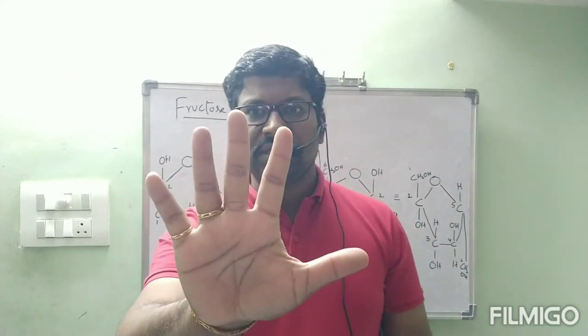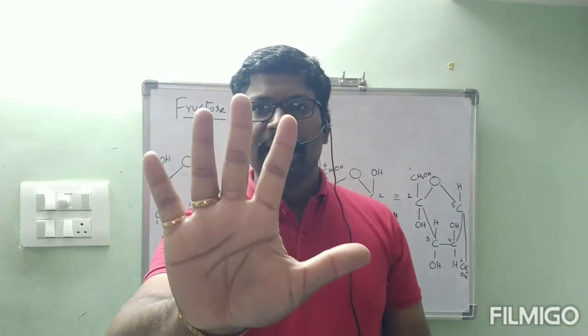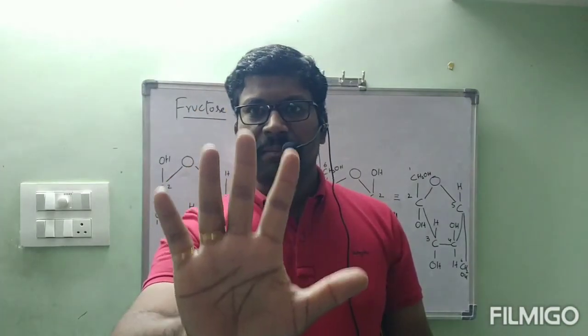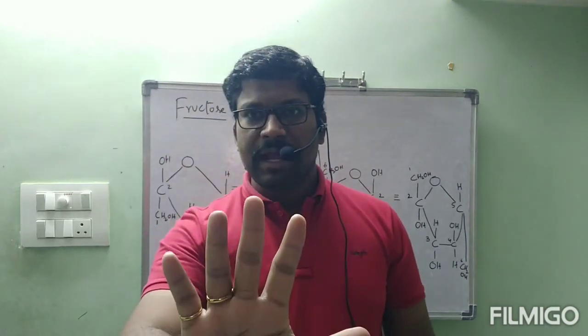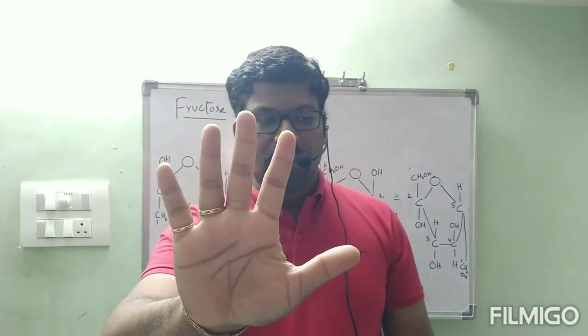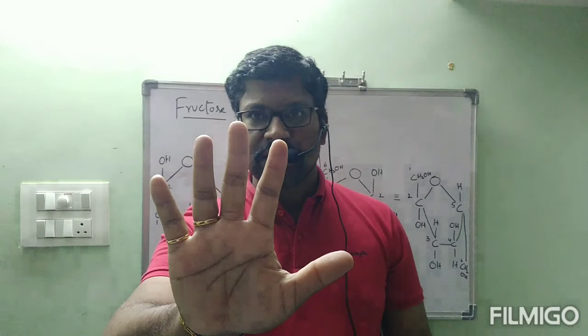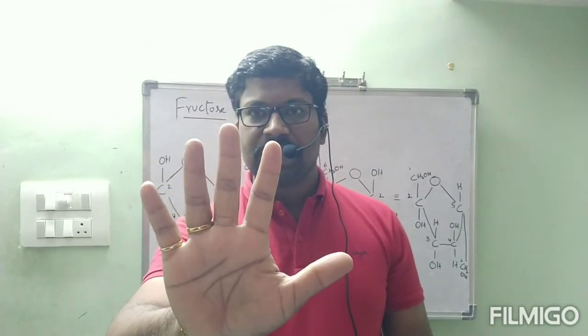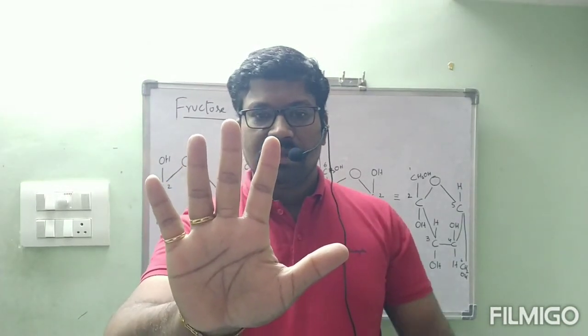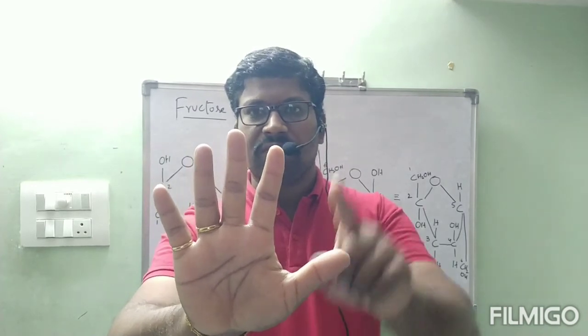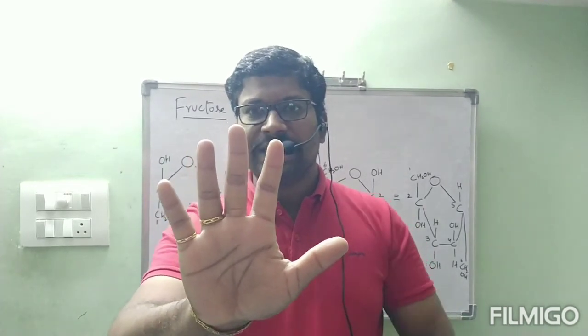Same, like this, see the fingers. I kept this hand in the plane. Now you and myself are observing this hand. For me, this thumb is on the left side. For you, this thumb is on the right side.